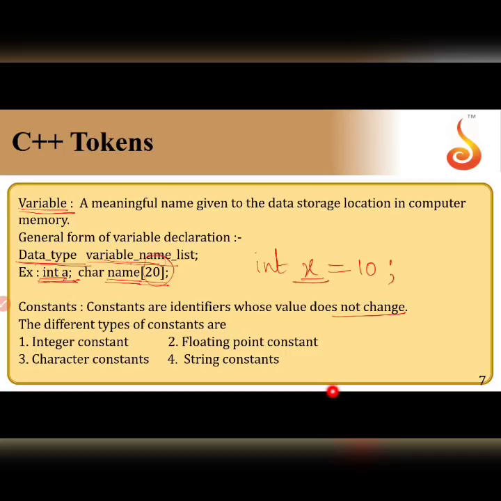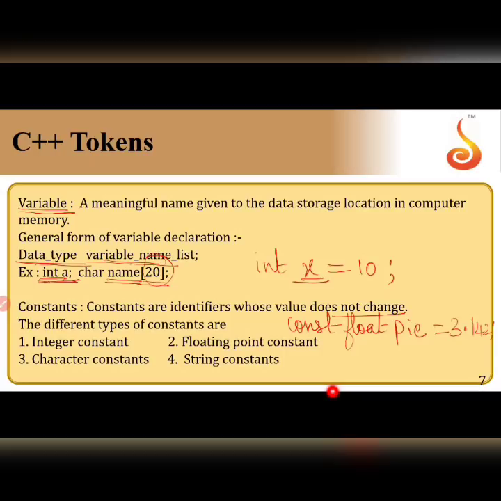The constant is declared using the keyword const. Const is the keyword. Whenever there are keywords, they have to be always written in lowercase. Const, then the data type, then the constant name or the identifier name, say pi is equal to 3.142, that is the value. So: const data type, identifier name is equal to value.